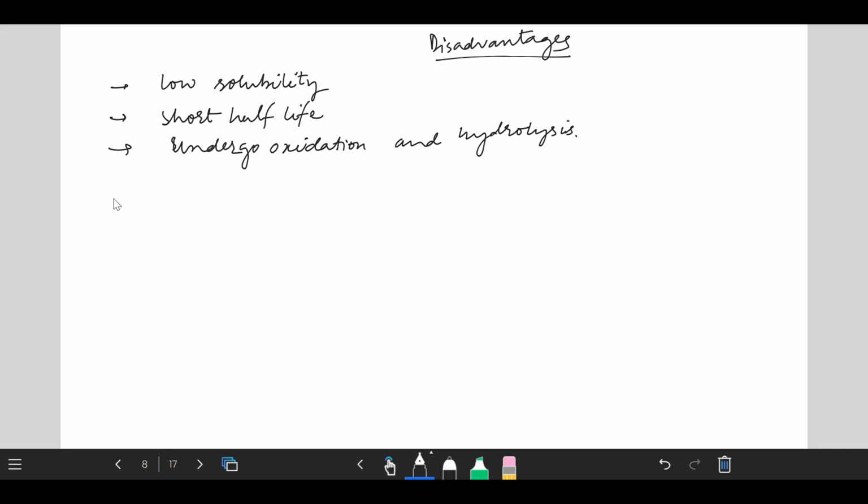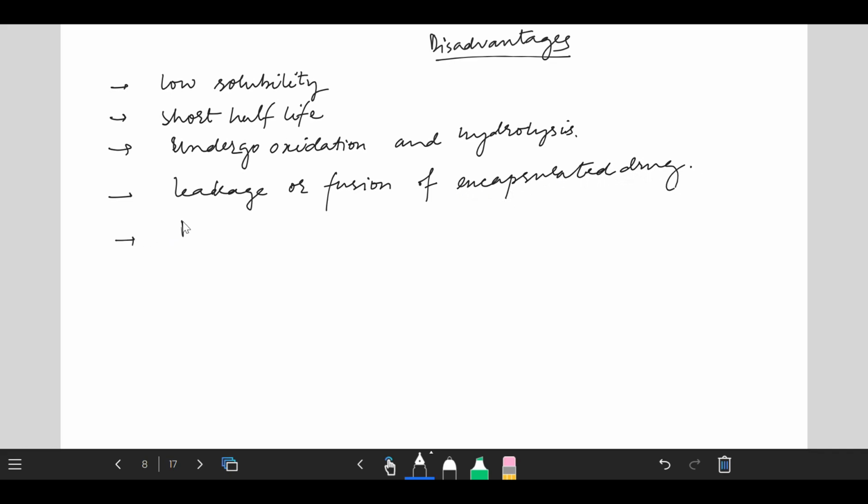This type of reactions, okay? And leakage or fusion of encapsulated drug. Another disadvantage is that product cost is very high.